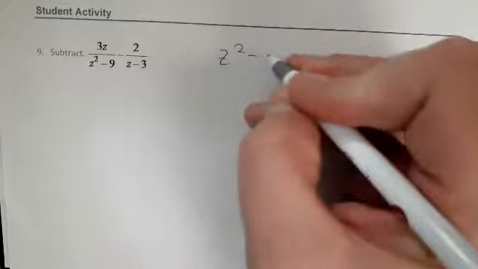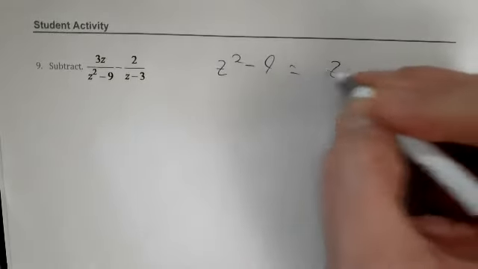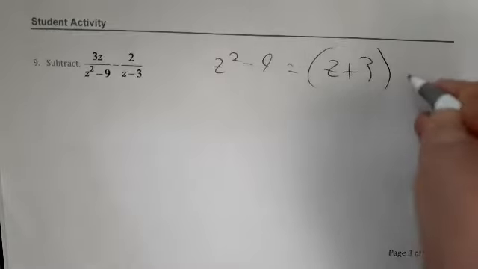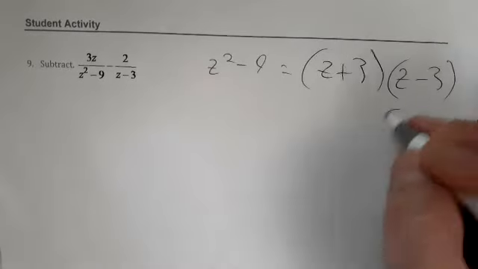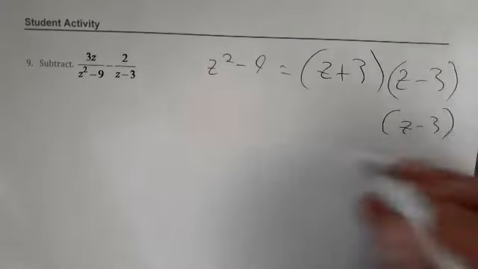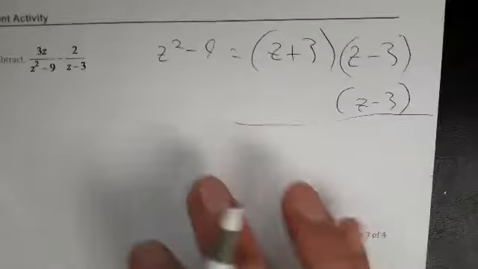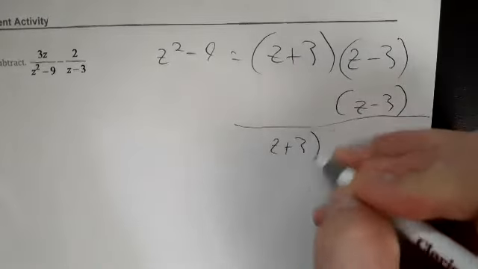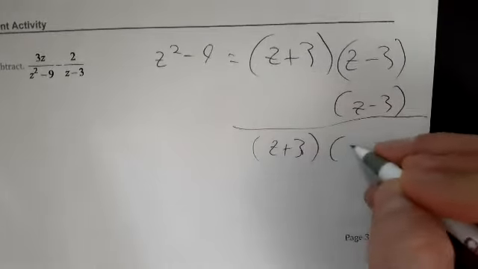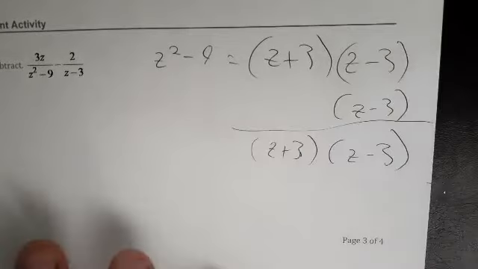So z squared minus 9 is really z plus 3, z minus 3. And I have another one that looks like z minus 3. If I want to find the least common multiple between these two things, it's both of the things together, z plus 3, z minus 3. There we go.